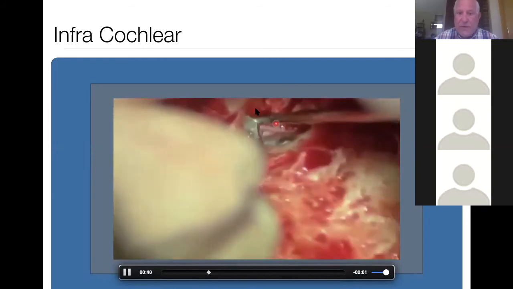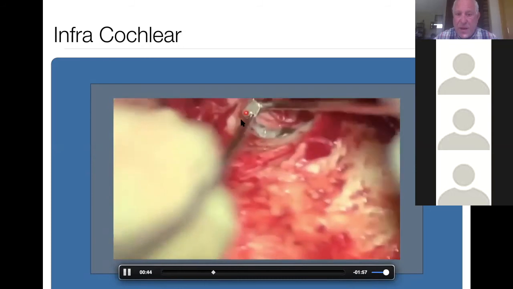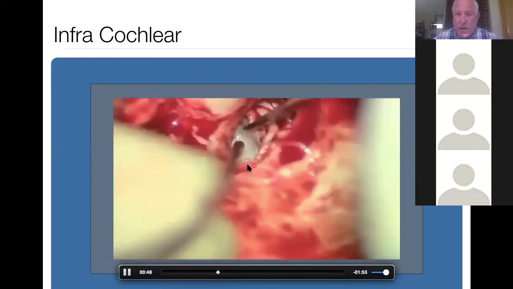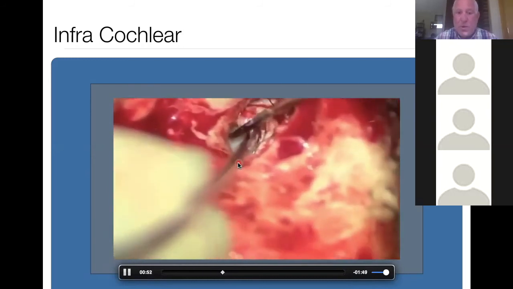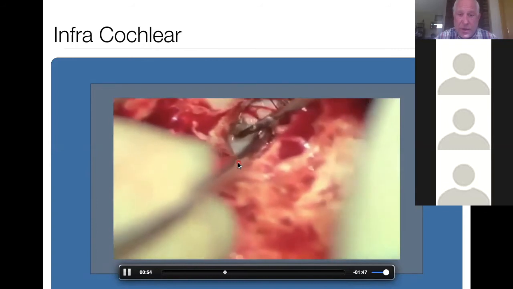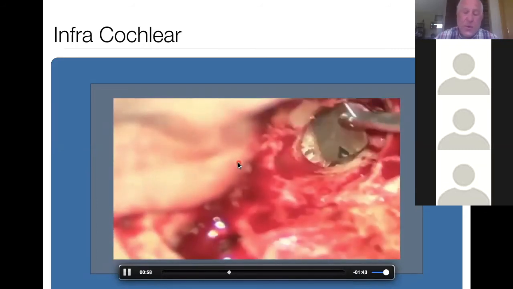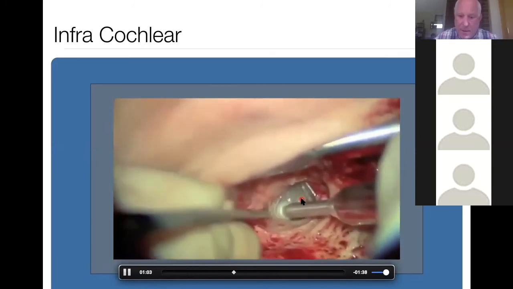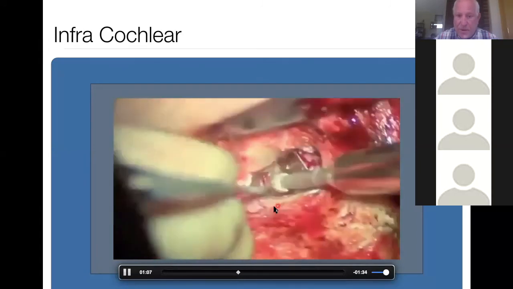Our area of concern here is to elevate the tympanomeatal flap and then expose the bone, expose the hypotympanum, and identify the zone between the carotid artery and the jugular vein, or the jugular bulb, excuse me. We're putting a little piece of aluminum there so we don't destroy the flap with our burr.